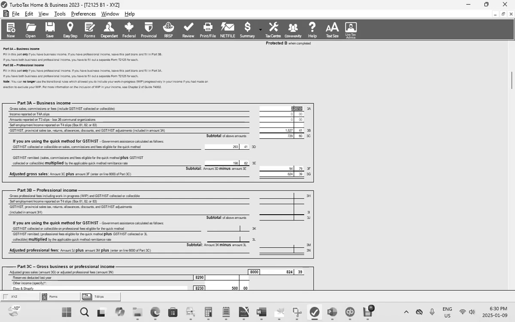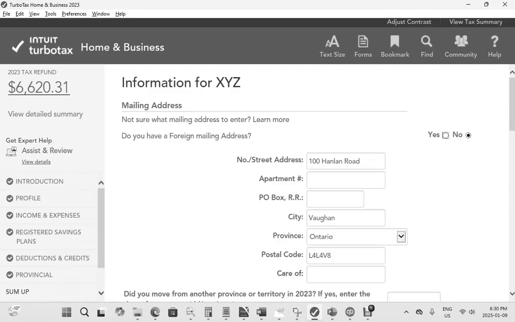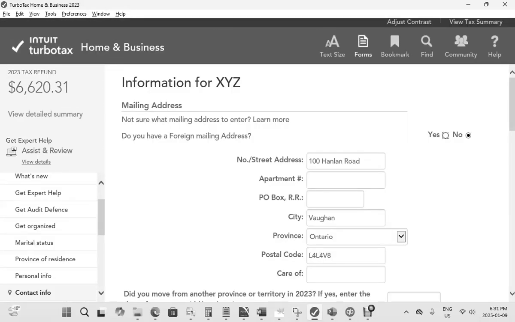So right now, and you can note this down, your tax refund is $6,620.31.